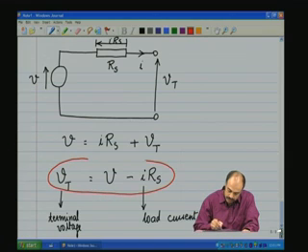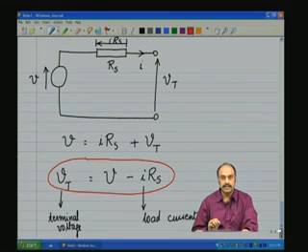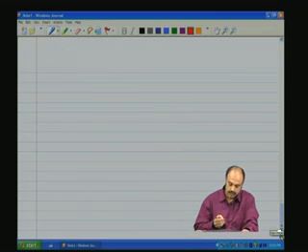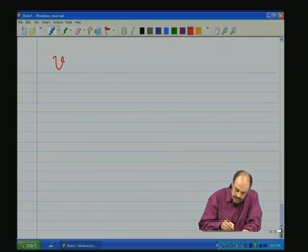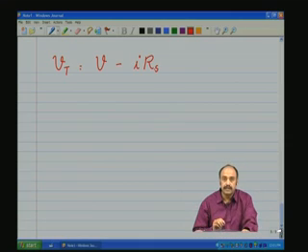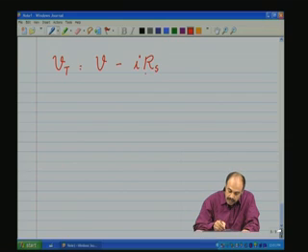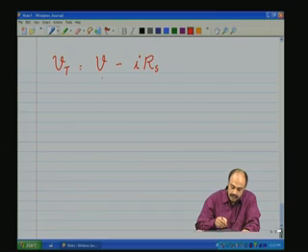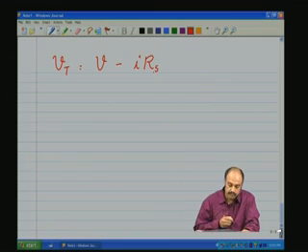Let us have a look at this equation and picturize it to see how the VI characteristic looks. V terminal equals the ideal source voltage minus I into Rs. Remember that in the case of the ideal source, Rs is equal to 0 and this component is not there, and therefore terminal voltage is the same as V. But in the practical sources, Rs is not equal to 0 and therefore this component comes into the picture.